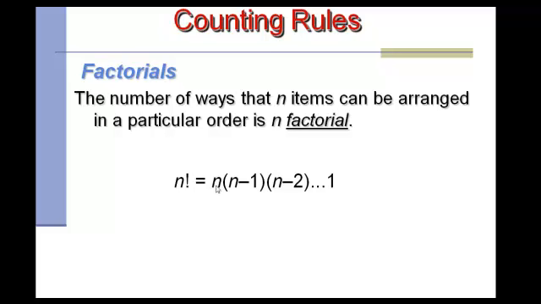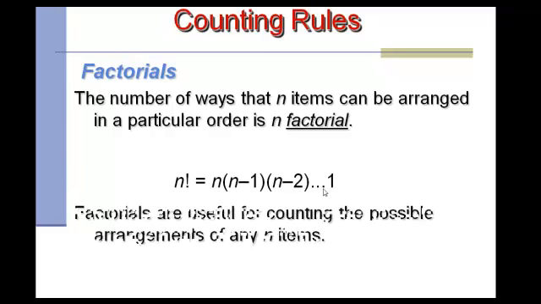That would be 5 times 4 times 3 times 2 times 1. And that is how you calculate a factorial. And again, when you use a factorial, you are counting the possible number of arrangements of any n items, one group of items.